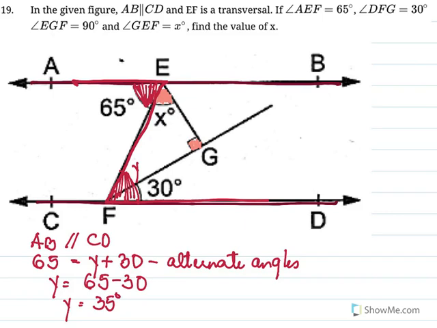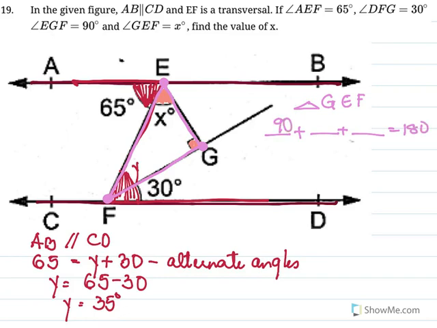In the next step, we take the triangle GEF. Let's start at this GEF here. And in this triangle GEF, 3 angles 1, 2, 3 equal to 180.